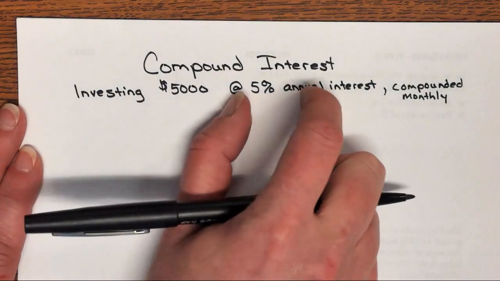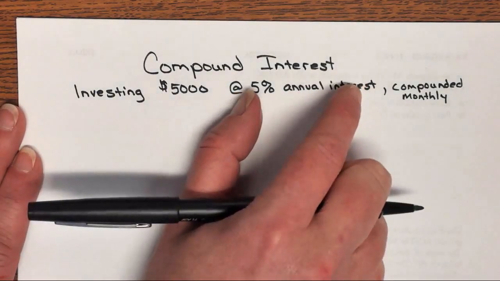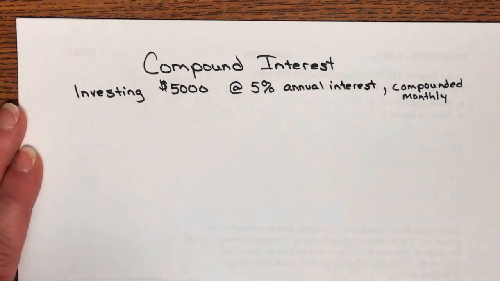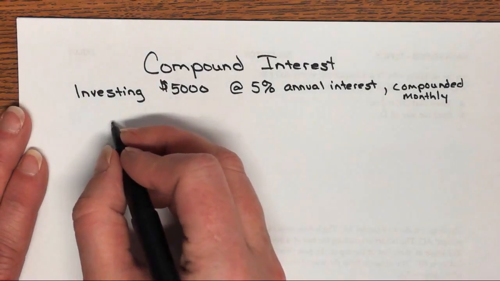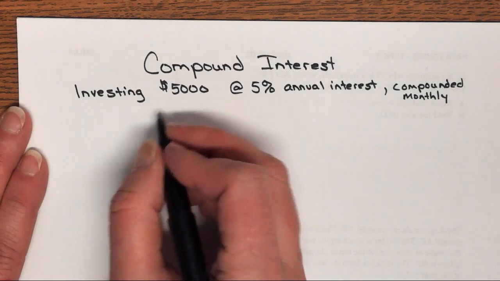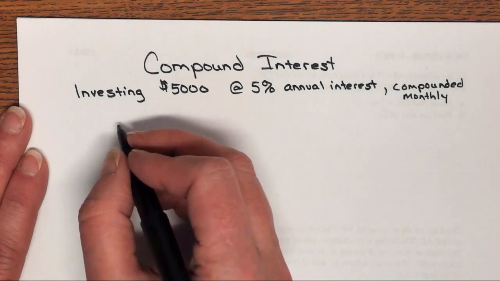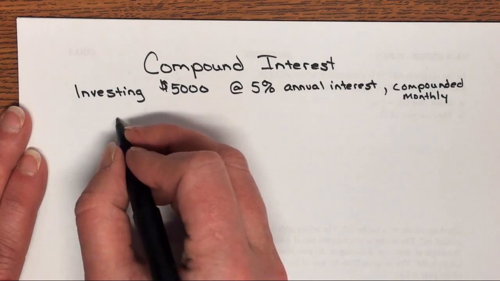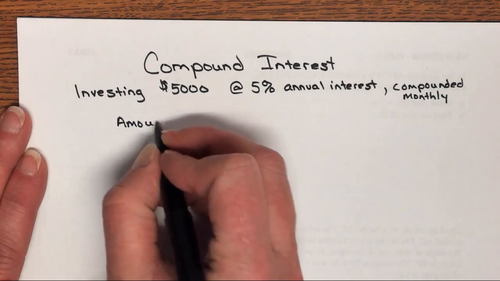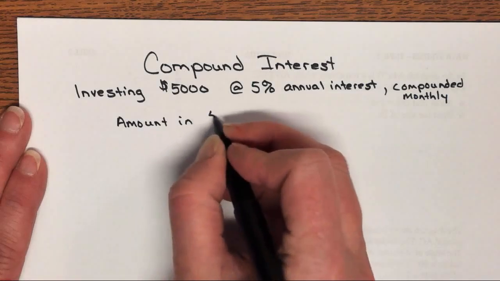So if 5% is the annual interest rate and they're calculating it monthly, let's think how that will happen. To find my balance, let's say the amount in 5 years.